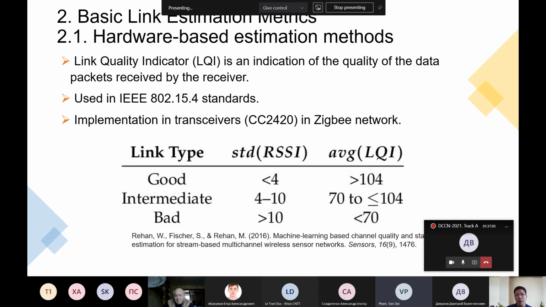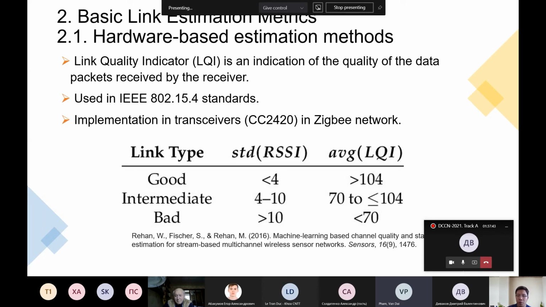Based on the hardware implementation, we can estimate link quality from RSSI, link quality indicator, and signal-to-noise ratio without additional calculation from the wireless transceiver. However, these values can only be obtained from successfully received packets. In the case of packet loss, the link quality might be overestimated.